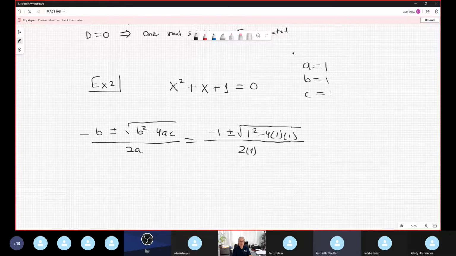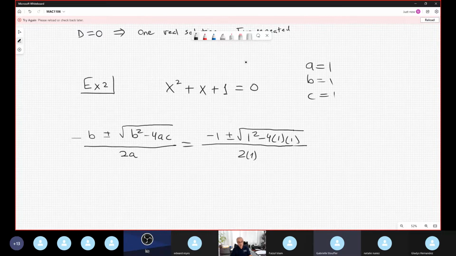And remember the order of operations. Using parentheses is mandatory, and the radical is considered a grouping symbol with the same priority, so you should do this operation first.